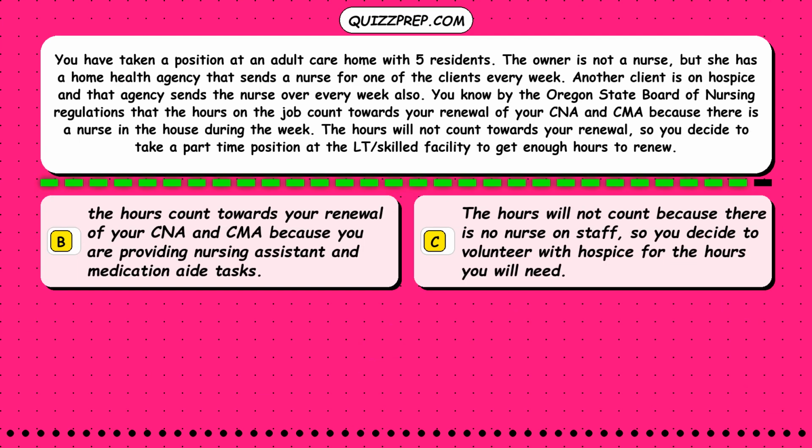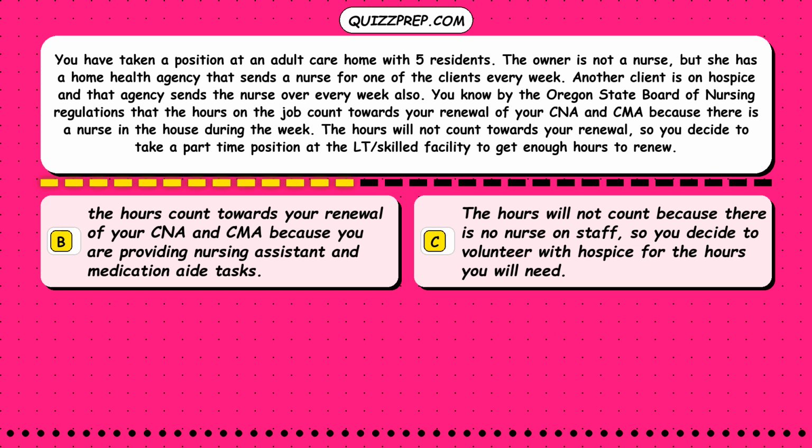Question 351. You have taken a position at an adult care home with 5 residents. The owner is not a nurse, but she has a home health agency that sends a nurse for one of the clients every week. Another client is on hospice and that agency sends the nurse over every week also. You know by the Oregon State Board of Nursing regulations that the hours on the job count towards your renewal of your CNA and CMA because there is a nurse in the house during the week.